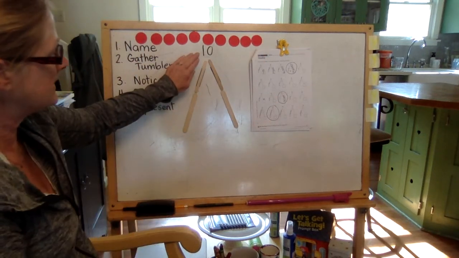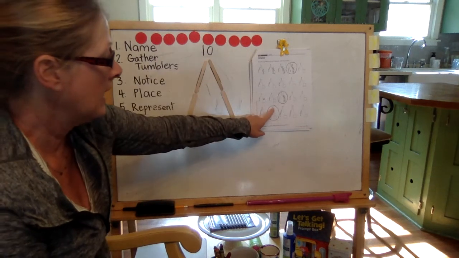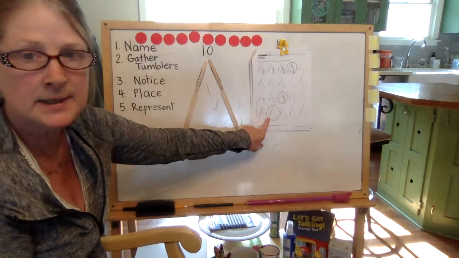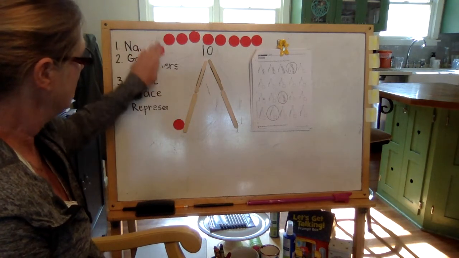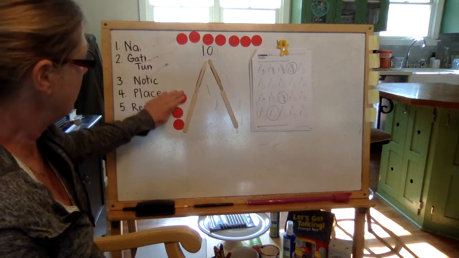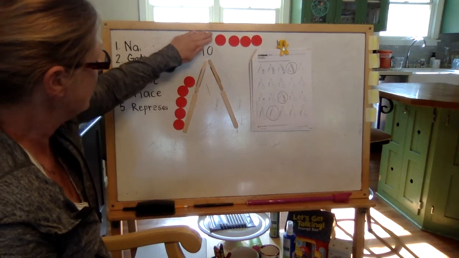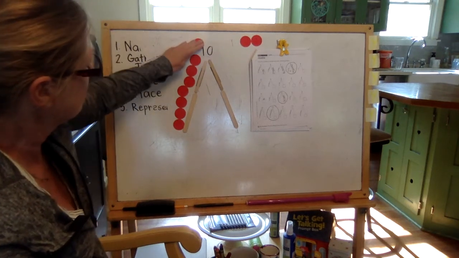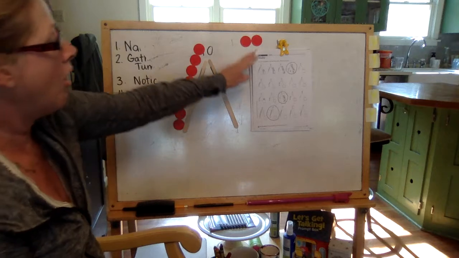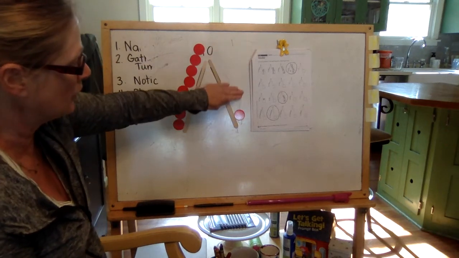So 10 tiny tumblers live on the top of 10 Math Mountain. I notice 8 tiny tumblers went to the left. 1, 2, 3, 4, 5, 6, 7, and 8. All the rest must come to the other side, 1 and 2.